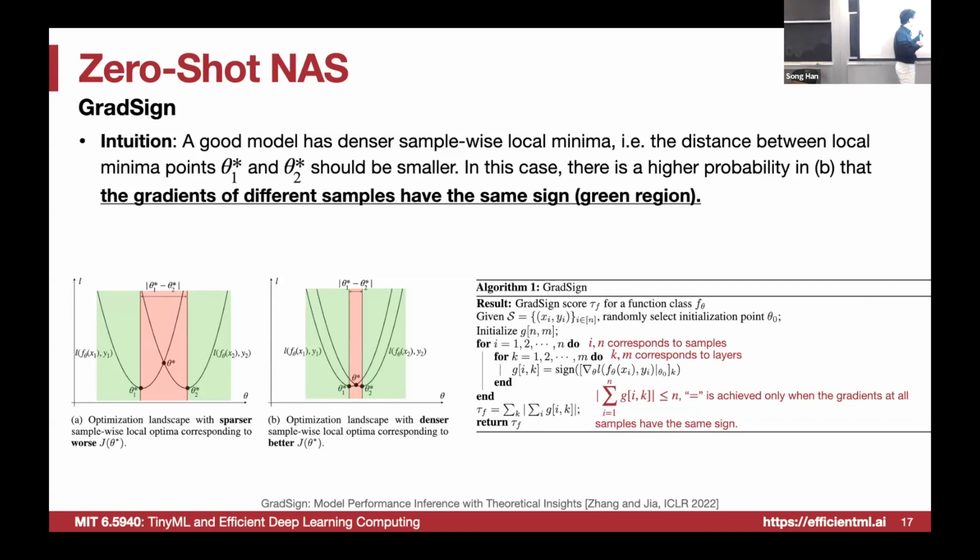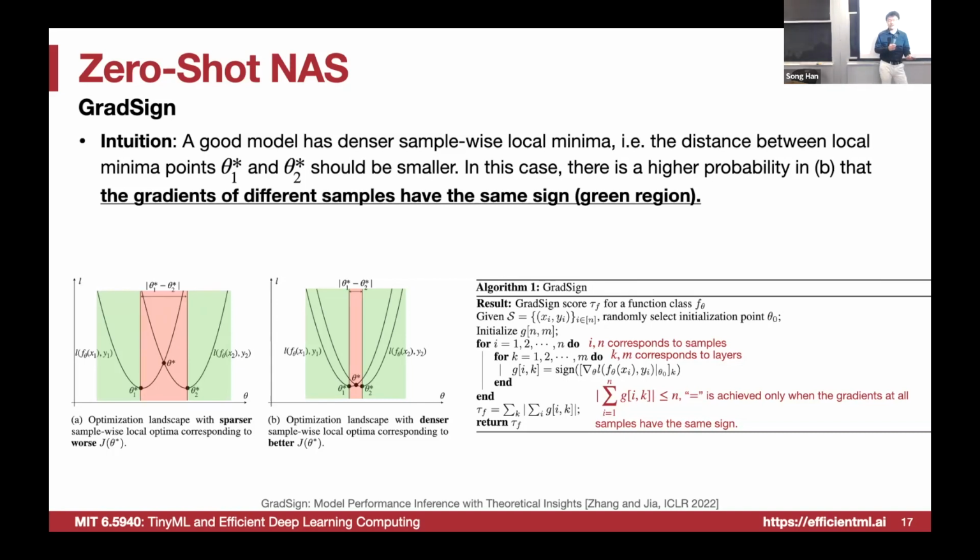So we are just sampling, having a for loop over all the samples, different inputs, and then looping over different layers. And for each layer, we add up all the gradients corresponding to the sample i in layer k. And if they have the same sign, this number is supposed to be larger.